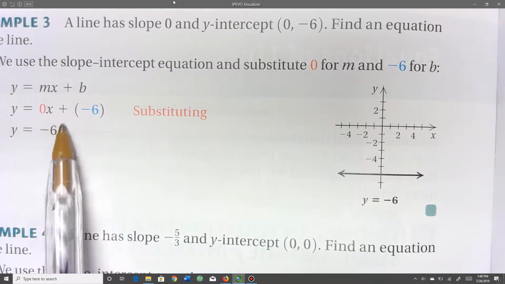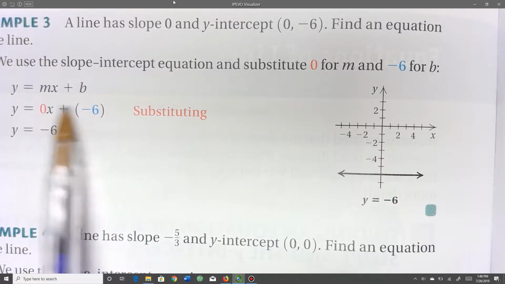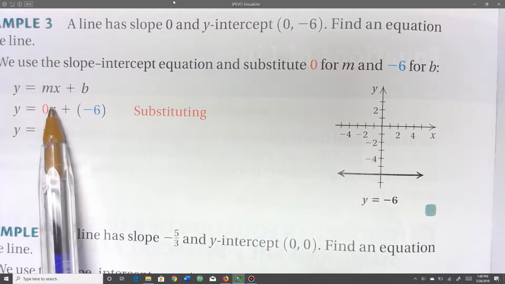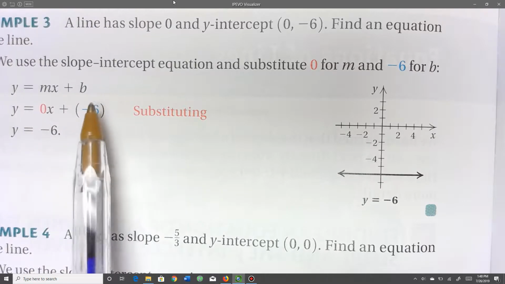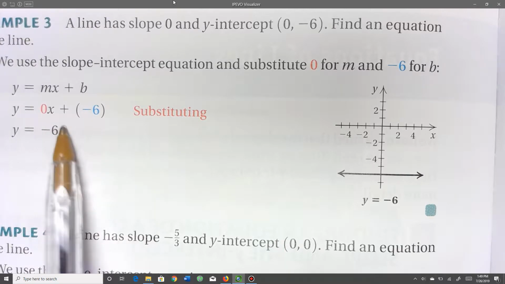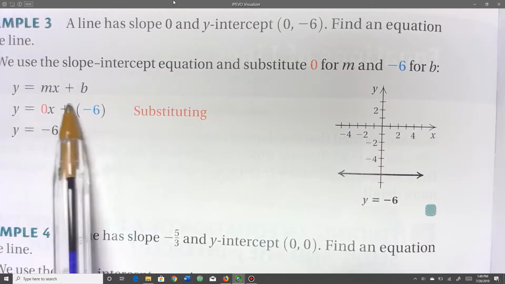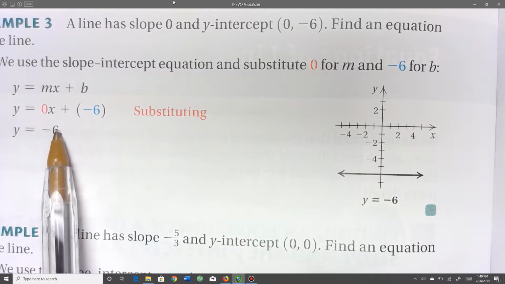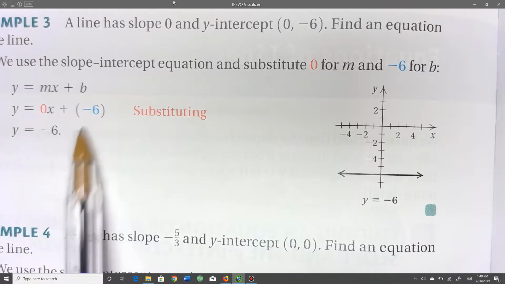All right, and then from here you are not done because you haven't simplified. So you need to multiply 0 times x, because if you multiply that, you get 0. 0 plus 96 is 96. So this is the simplified version, so this is the answer. And y equals -6. What did we say that this means?